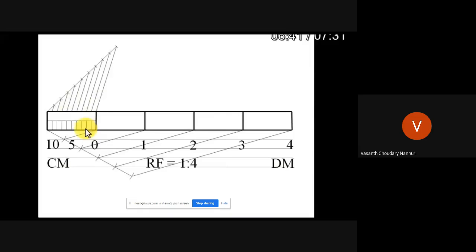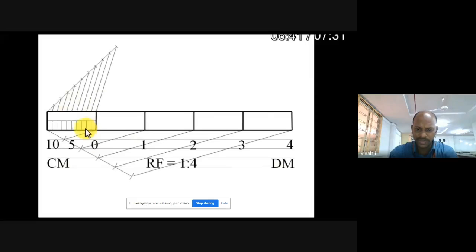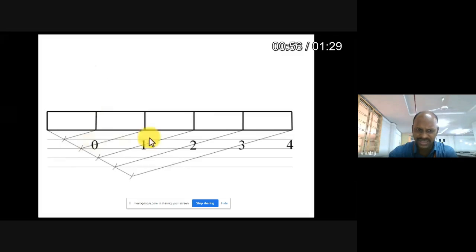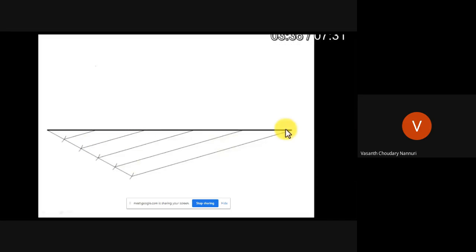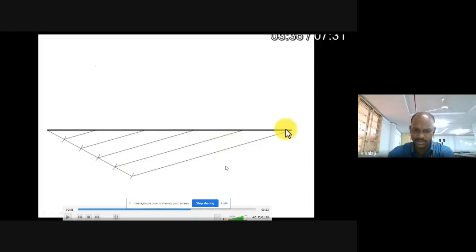Sir, we have to draw some horizontal line with 1 centimeter height. From 3, you told us to draw 3 decimeter, 7 centimeter. Okay, understood.